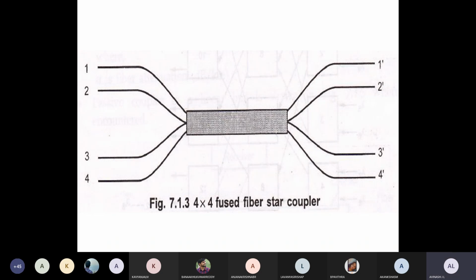Take this diagram, all of you. So once you take this one, can I hope that all of you have taken?